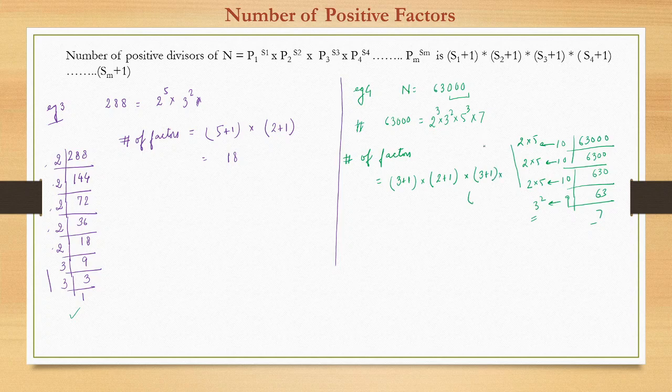Similarly, in case of 7, we have 1 plus 1, 2 options. So what do we get? 4 into 3 into 4 into 2. The result would be 96. So 96 is the number of factors of 63,000.